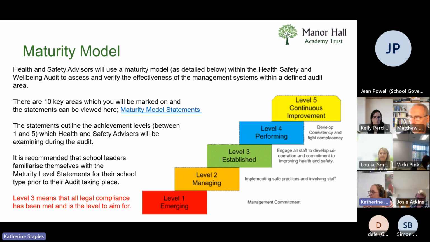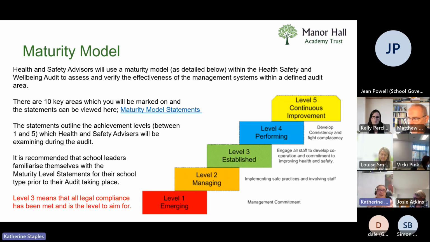Level 3, that is, again, where we would really like all of our schools to be. And that means that everything is compliant, it meets legislation, and that staff are engaged in health and safety. And I think that's a really good aim.